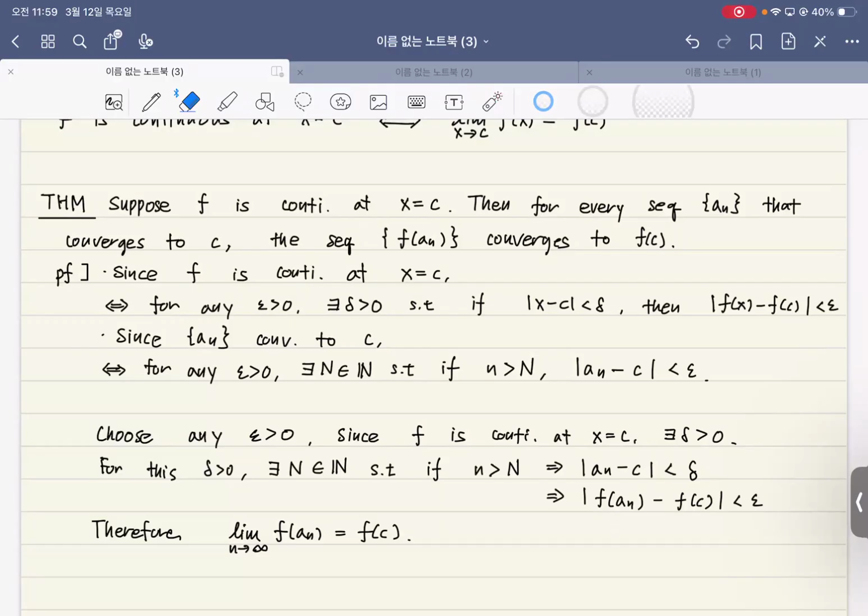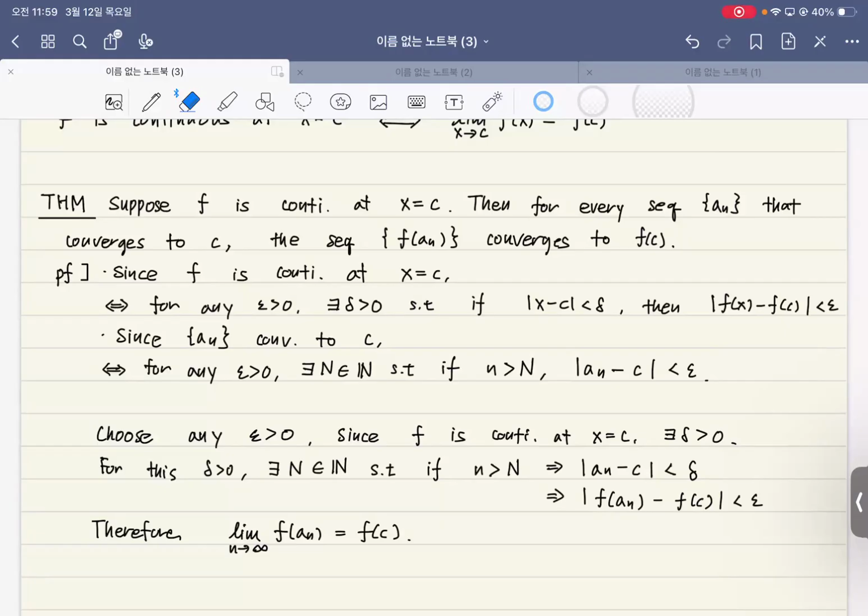Suppose that you have a sequence in the domain of a function converging to the point c, then composing with the continuous function, you're going to get another sequence in the codomain, in the range of your function, and the newly obtained sequence in the range is still converging to f(c). So I say that a continuous function is respecting the convergence.